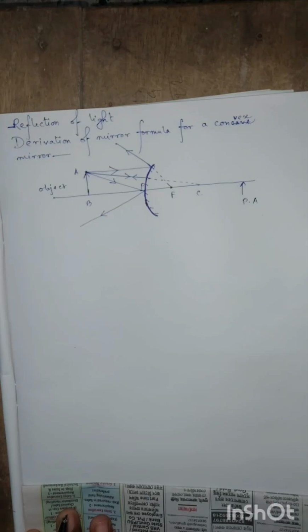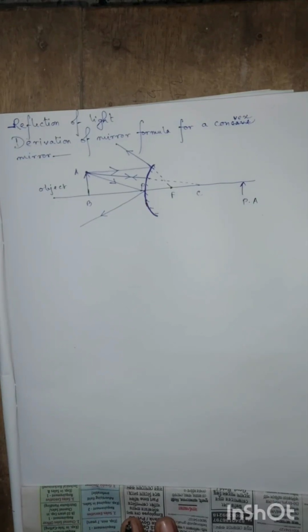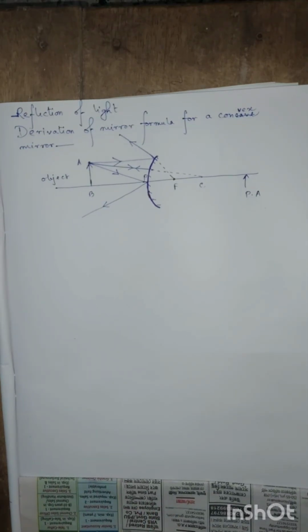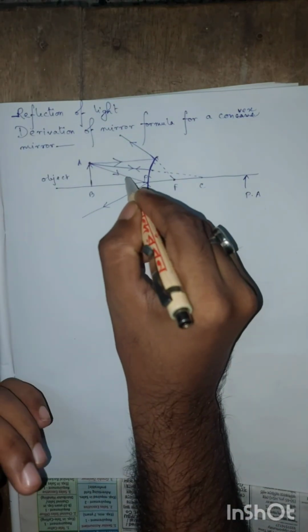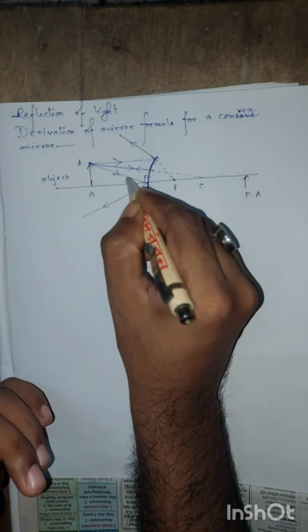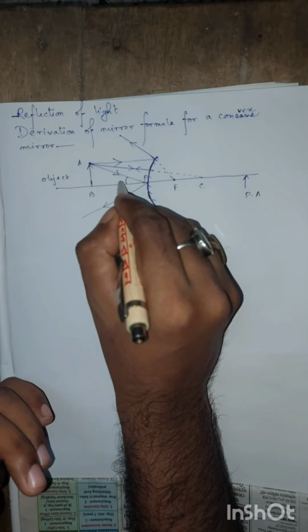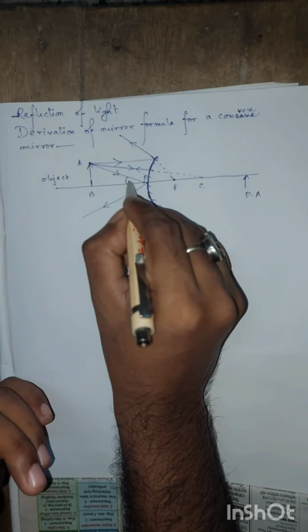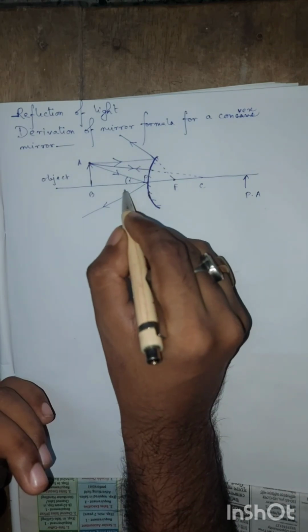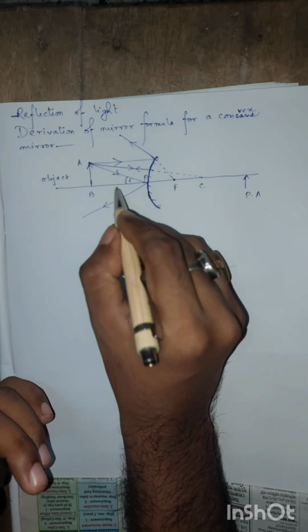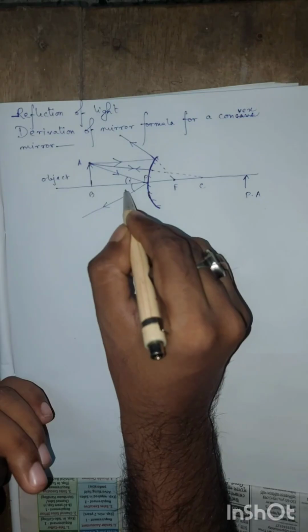We know when a ray of light strikes the pole, the angle between the principal axis and the incident ray is our angle of incidence, and the angle between the reflected ray and the principal axis is our angle of reflection.